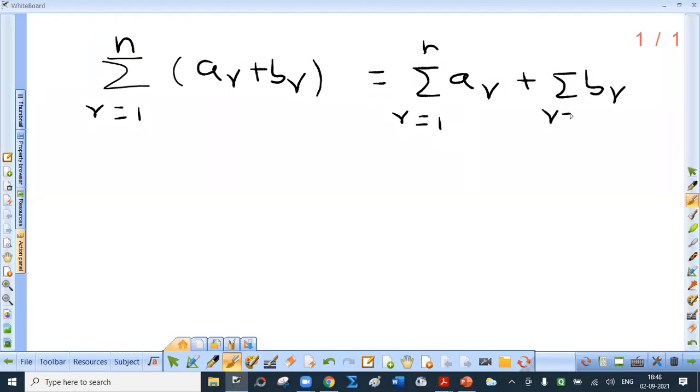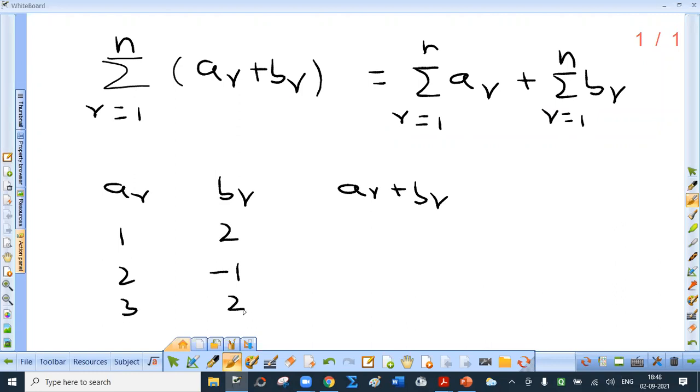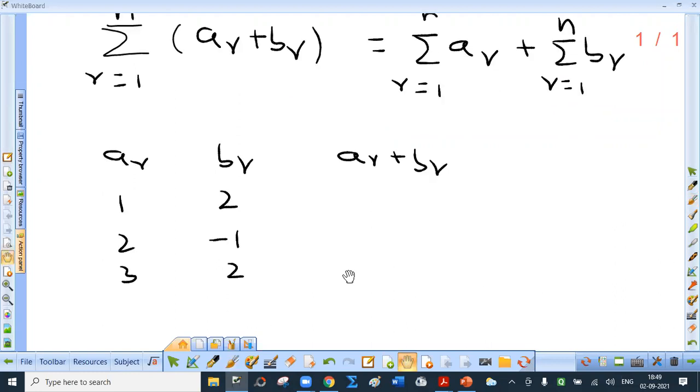See, it is all about using common sense. I'll give example. AR, BR, AR plus BR values. Say 1, 2, 2, minus 1, 3, 2. Okay. So we have to verify what is sigma AR? It is 6. What is sigma BR? It is 3 because 2 plus 2 minus 1 is 3.